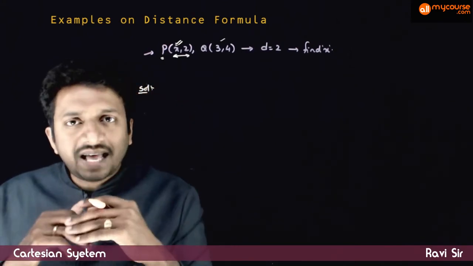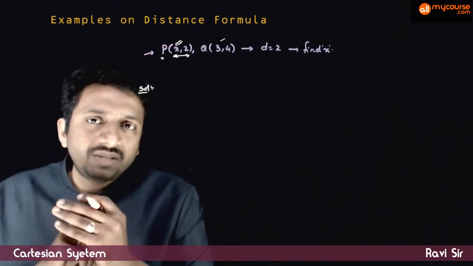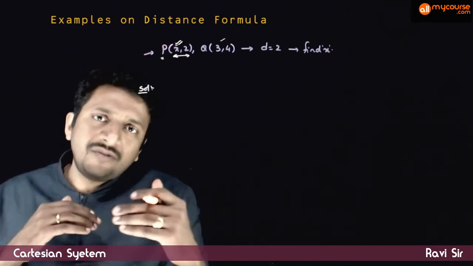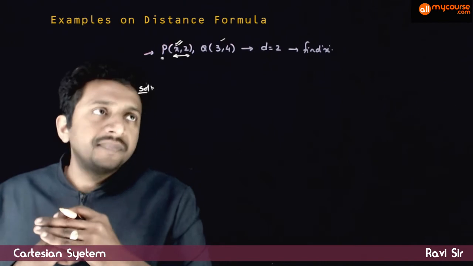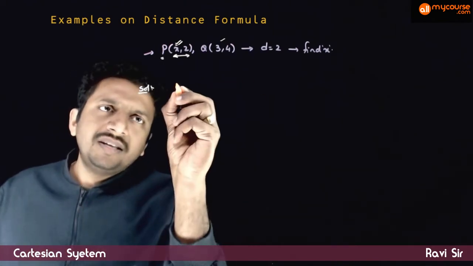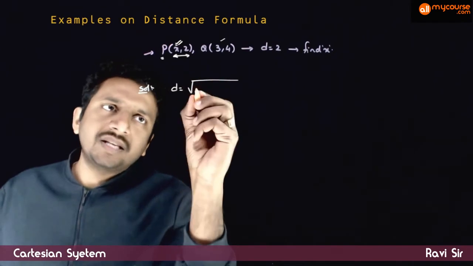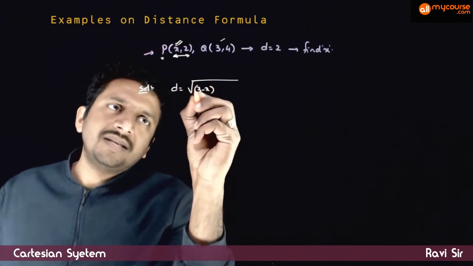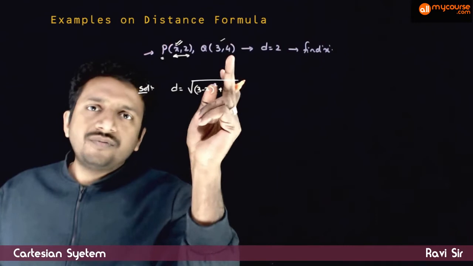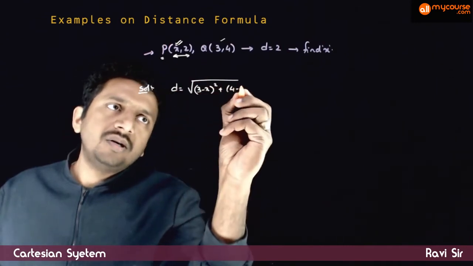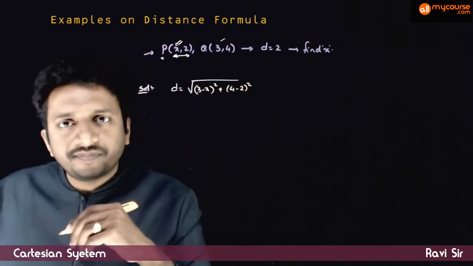Let us first directly analyze this question with respect to the formula, and then we'll analyze this question geometrically. First we know that the distance d is equal to root of (x2 minus x1) whole square, that is 3 minus x whole square plus 4 minus 2 whole square.